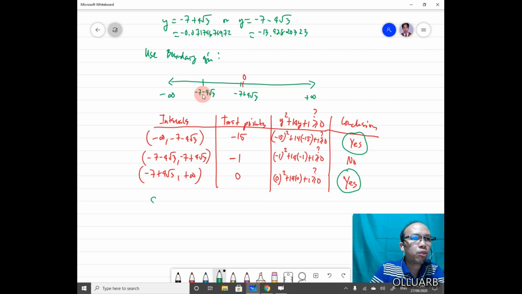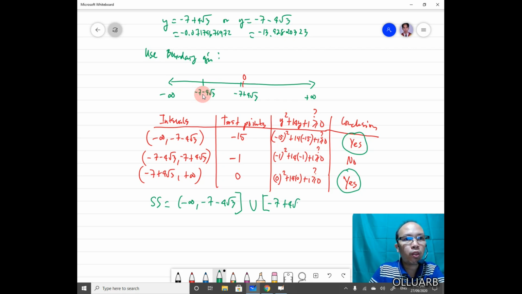So our solution set is from negative infinity to negative 7 minus 4 square root of 3, and negative 7 plus 4 square root of 3 to positive infinity. Notice that we have to include the endpoints, I'll explain that later.